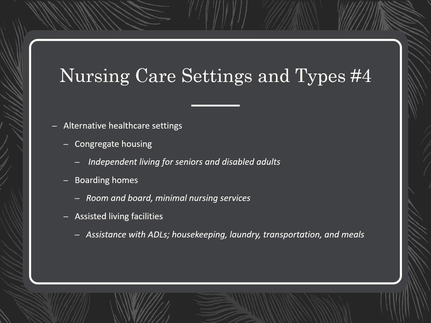This type of healthcare setting will provide independent living for seniors or disabled adults who require minimal to no assistance. They are freestanding apartments or private rooms or a combination of both, and the residents need to meet certain qualifications in order to be allowed to join one of those types of facilities.